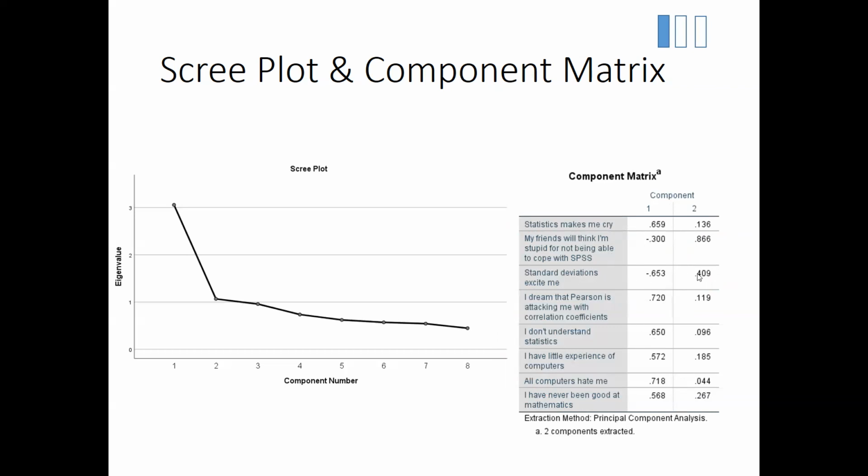People who say standard deviations excite me, for some reason, also have coping mechanism issues with SPSS to some degree. Does that make sense? Think of it like a correlation matrix. But people who say standard deviations excite me do not say that they don't understand statistics or any of these other things.